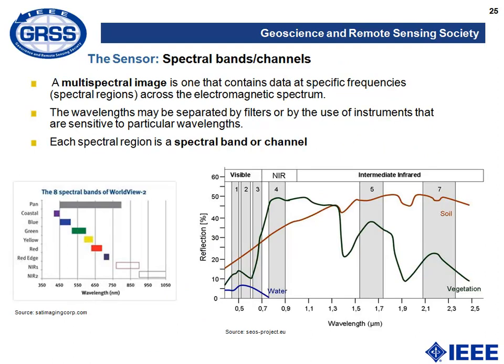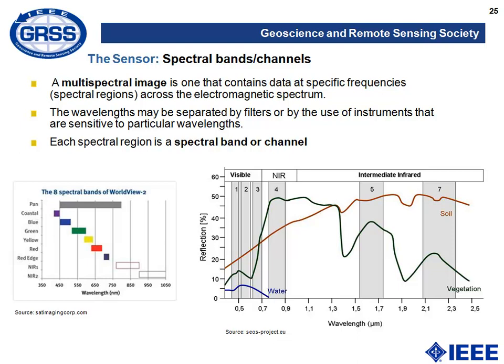Until now, we have been talking about radiometric or geometric characteristics. What about spectral characteristics? A multispectral image or a multispectral sensor is one that contains data at specific frequencies, spectral regions or spectral bands across the electromagnetic spectrum.